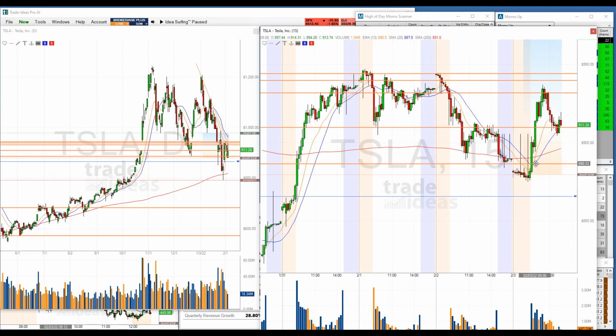When it breaks over the 885 and gets to here at the 910, make sure at least you scale out, or lock in your profit, and then ride. As the price action goes up, you trade every $5, you piece it out a little bit, every $5, until it gets to the top resistance, which I call here between 930, above the 930. You have to do every $5. You don't know when it's going to turn around.